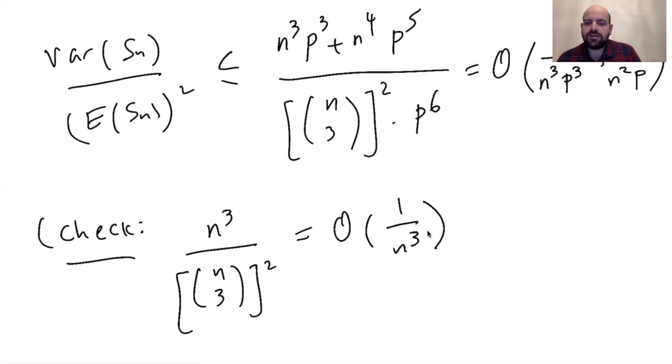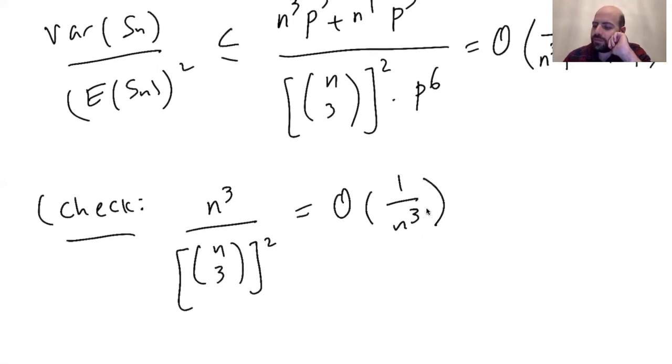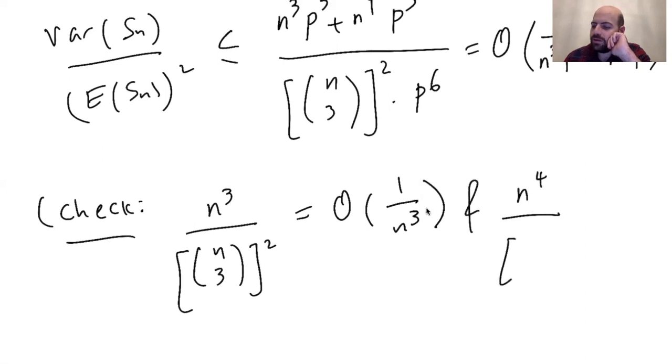N cube over that behaves like 1 over n cube. And of course, once you check that, you can similarly check that n to the power 4 over n choose 3 to the power 2 is 1 over n squared.